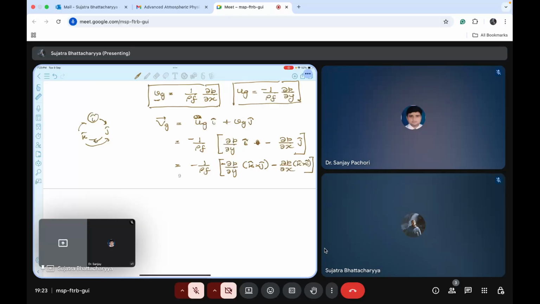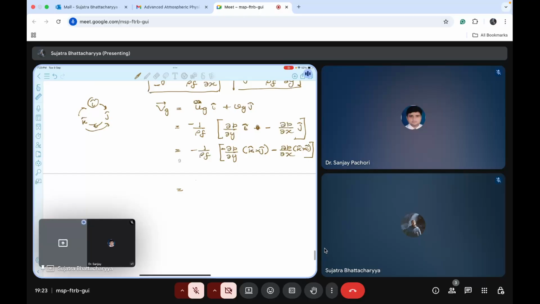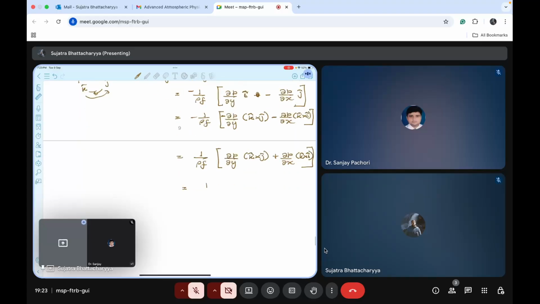We can. So now take the negative sign outside. So 1 upon rho f, we are getting delta p by delta y k cross j plus delta p by delta x k cross i. Then 1 upon rho f. Take the k cross out and you get delta p delta x i hat plus delta p delta y j hat.